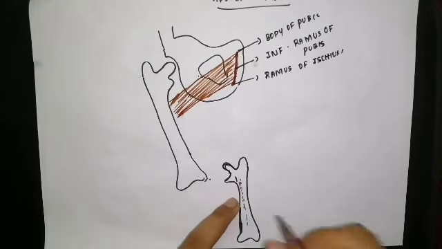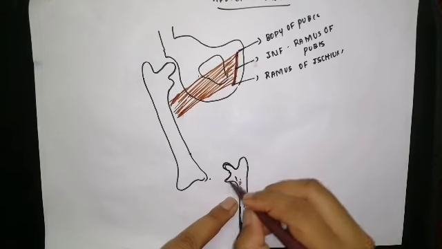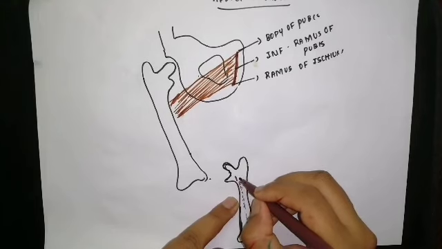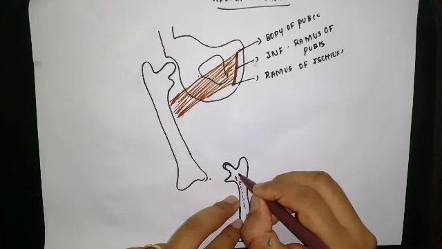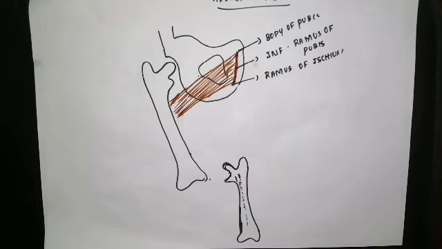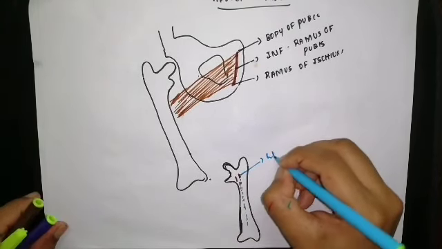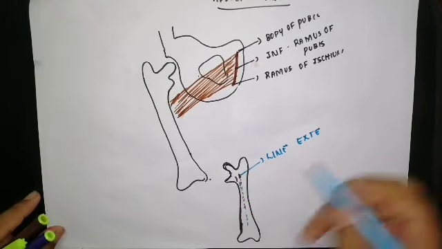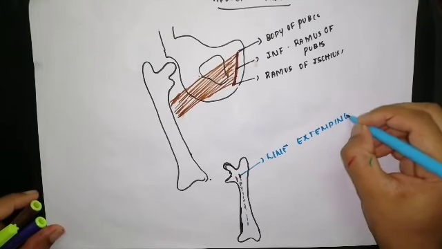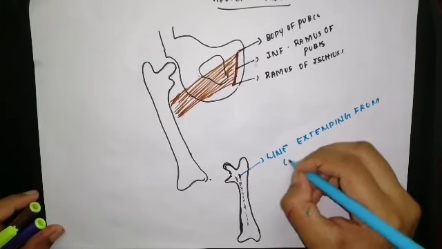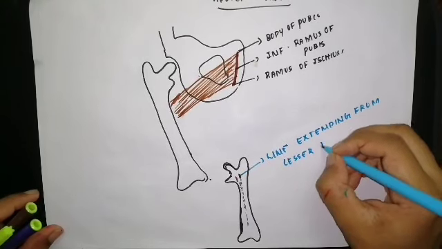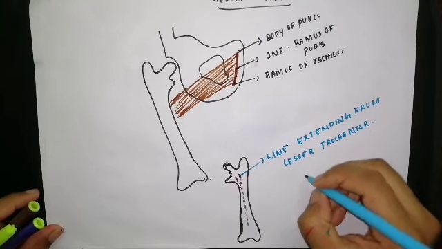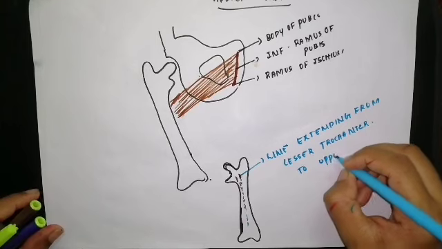Now this adductor brevis muscle is attached to a line extending from the lesser trochanter to the upper part of the linea aspera, behind the upper part of the adductor longus.